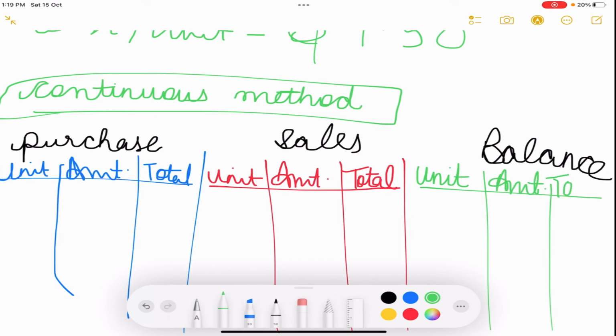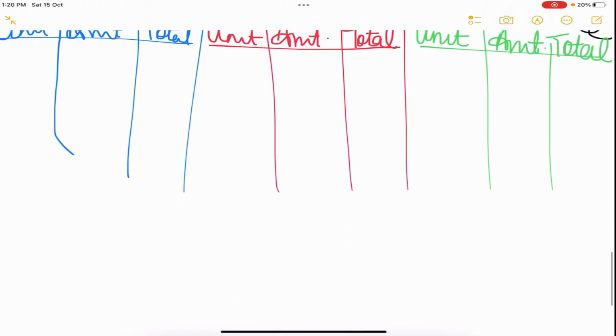Okay, so whenever you are doing the continuous method, you need to keep in mind that you have to make 3 tables. The first one is the purchase, which has unit, amount, and total column. Second one is the sales, which has unit, amount, and total column. And balance again has unit, amount, and total column. Okay, so now how are we going to solve this part?